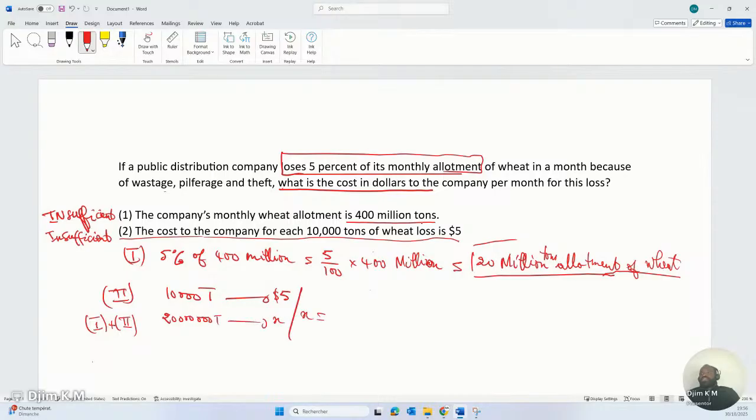X. So X will be equal to 5 times 20 million divided by 10, so 2 million times 5, 10 million. Okay, so 10 million is the cost in dollars to the company per month for the loss of 5% of its monthly allotment. So our answer is definitely answer C.